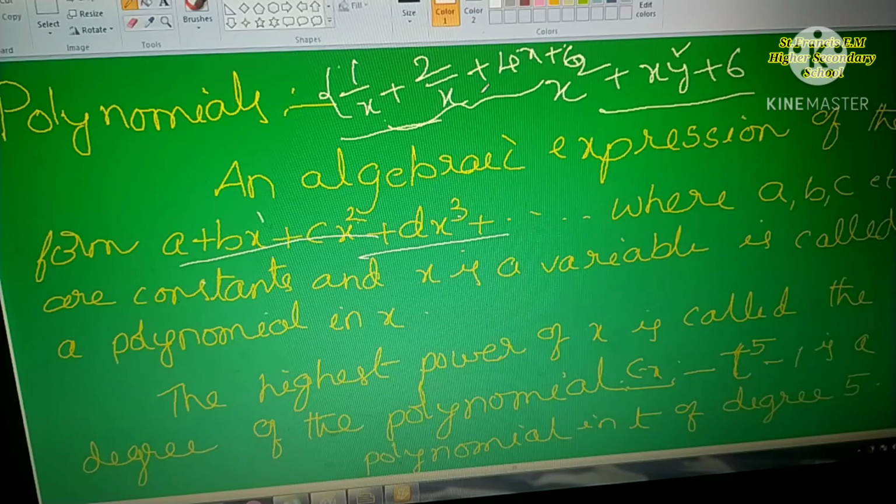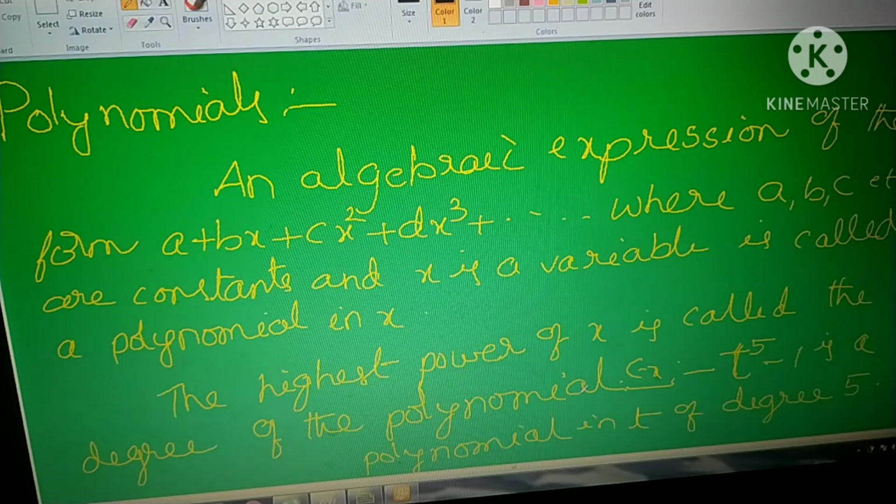Remember this point: if you get any variable in the denominator, those algebraic expressions are not polynomials at all. So terms like 1 by x, 2 by x will not be allowed in polynomials.